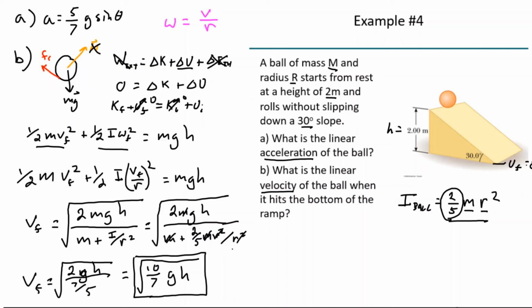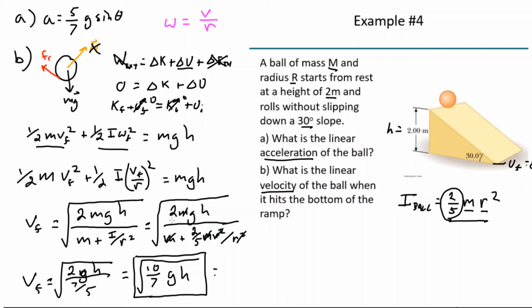So once again, if this ball were just a mass sliding down the incline without friction, the answer would be square root of 2gh. So I take that answer and multiply it by some fraction that depends on the geometry of the rolling object. In this case, it has to do with this fraction 2/5 here. And I end up getting square root of 10 over 7 times gh.